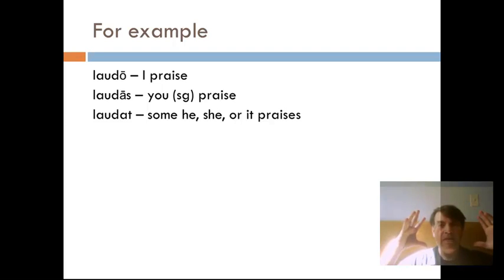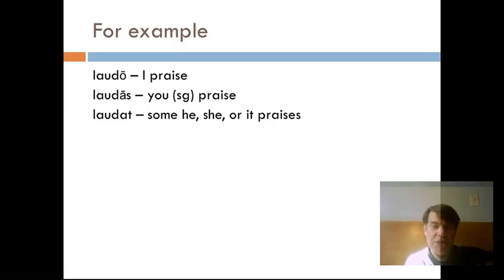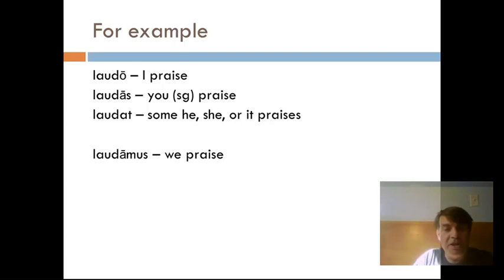Laudat means that the subject is a he, like Tom praises, or a she, like Sophie praises, or an it, like the tree praises. Basically, laudat means that a he, or a she, or an it is doing the praising. So that's called the third person singular.